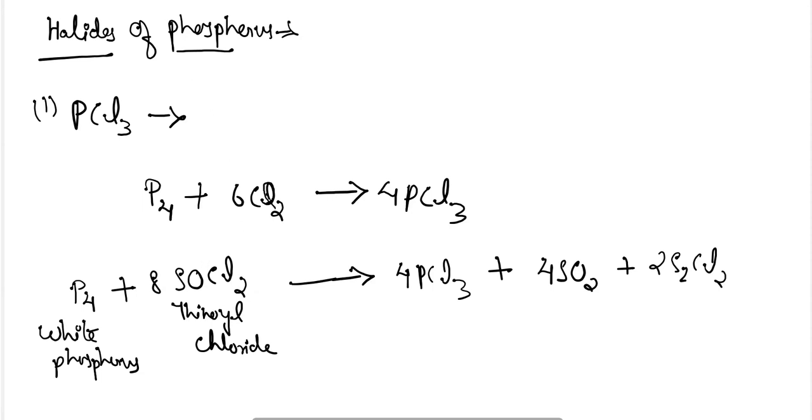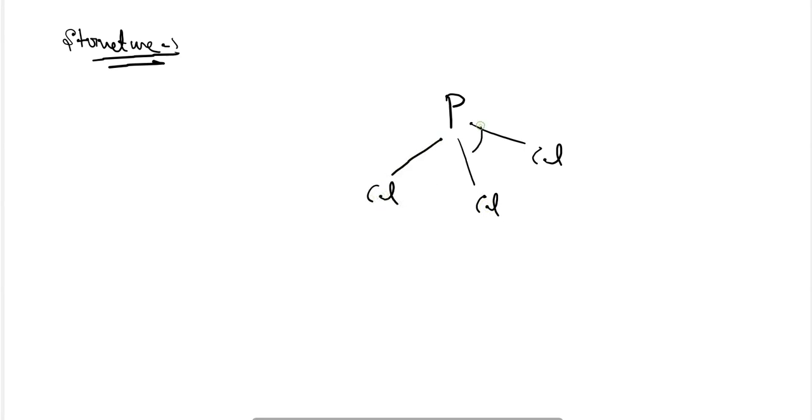What is the structure? The structure is similar to that of phosphine only. Chlorine, chlorine, chlorine, but the angle here will be larger in comparison to that of hydrogen, because here the size of chlorine is large.